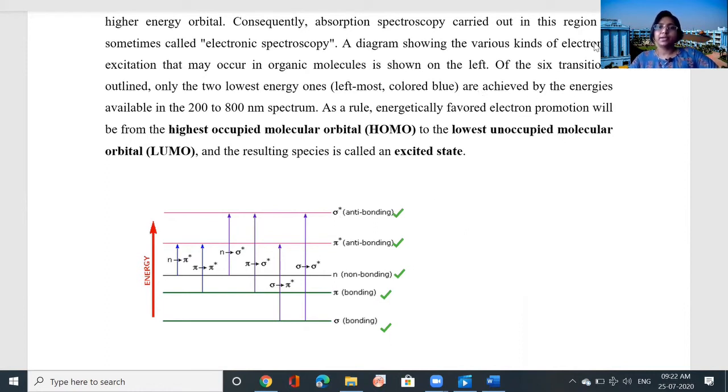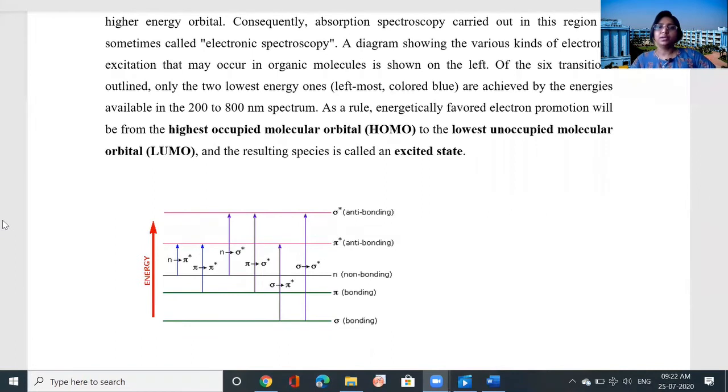Here you can see that of the 6 transitions outlined, only the 2 lowest energy ones, leftmost, colored blue, are achieved by the energies available in the 200 to 800 nanometer spectrum.